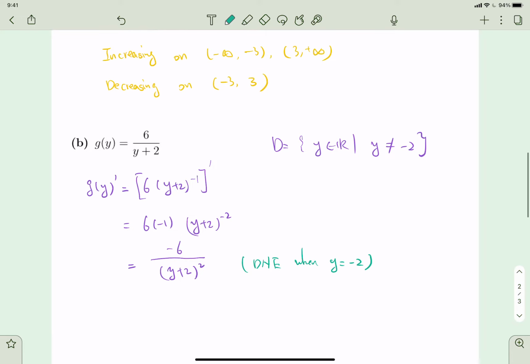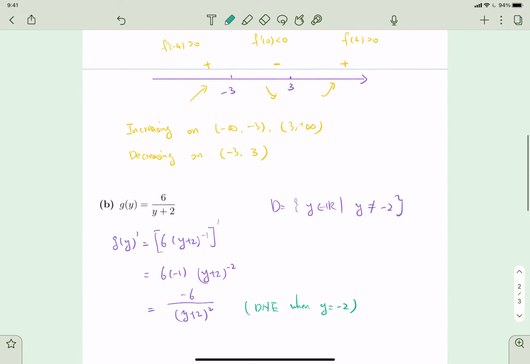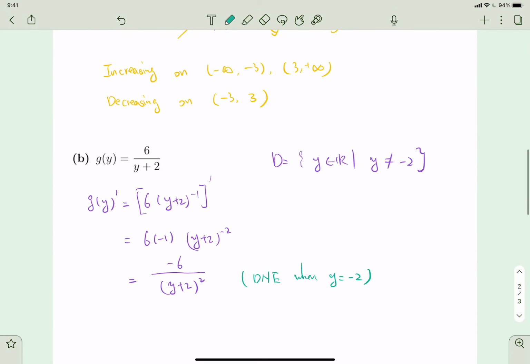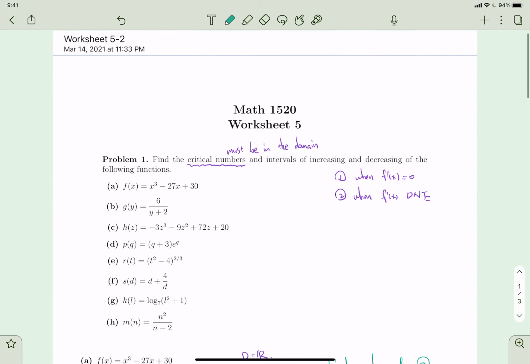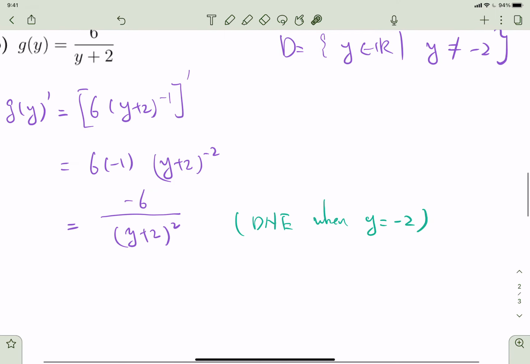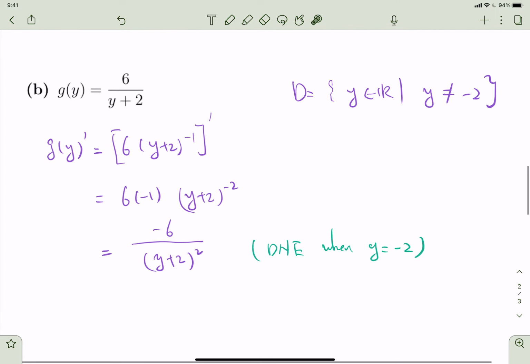Okay, so by our previous discussion, it's very tempting to say that y equal to negative 2 is a critical number of the second type, right? But we should know that at the very beginning we emphasized that critical numbers must be in the domain, right? So we've known that negative 2 is not inside the domain.